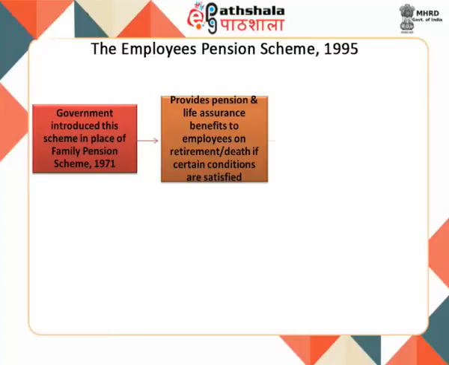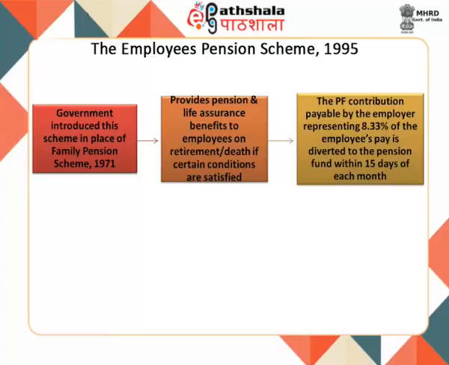Under this scheme, the Provident Fund contribution payable by the employer, representing 8.33% of the employee's pay, is diverted to the pension fund within 15 days of each month. No additional contribution is required.